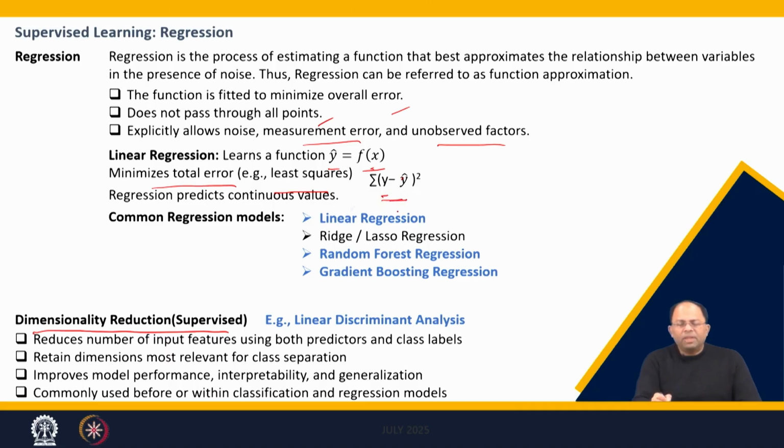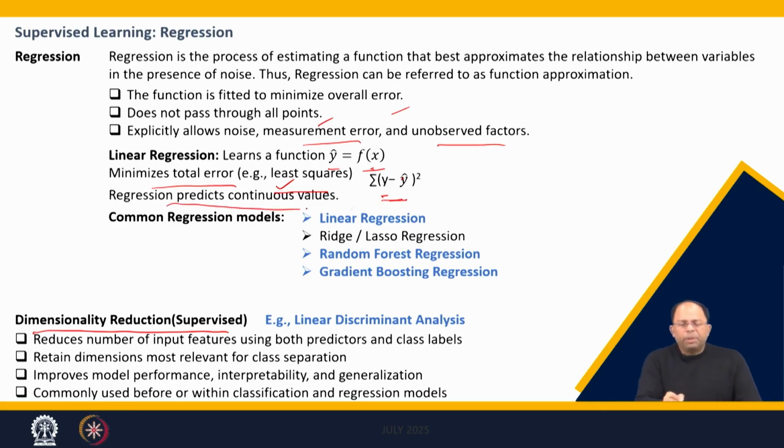We take the difference of the two and then we square it, to take care of the negative signs and all. And wherever this value is minimized, that's the best possible equation explaining this data. So that is the way we go ahead and determine linear regression equations.